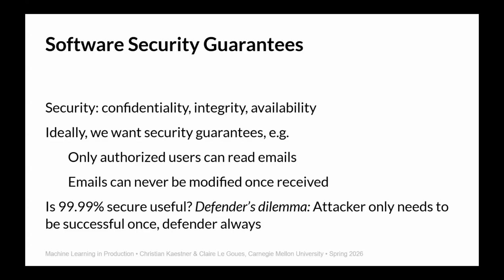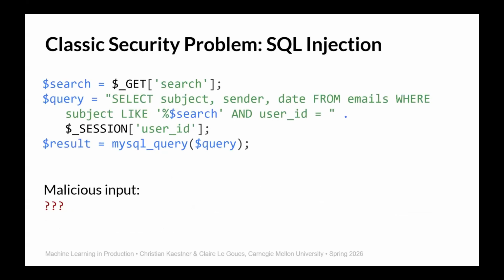So in traditional computer science, software engineering, we often want security guarantees. And this is an example of an SQL injection problem. I assume many, but not everybody here has seen this at some point. What's the problem here, and how can you attack this system for those who have seen SQL injections before?